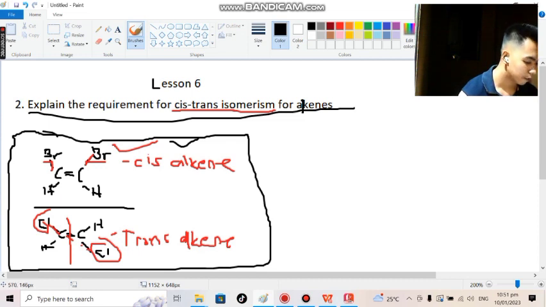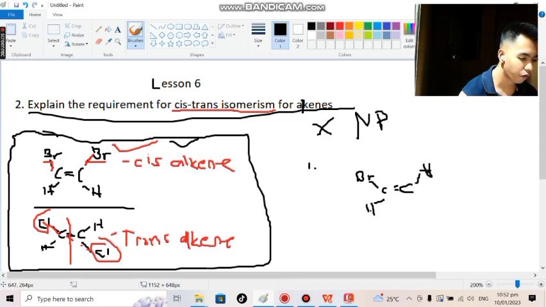Now, NP means not possible. For example, we have our Br here bonded to our carbon, and as you can see here, we have only bromine on our first carbon, and the second carbon does not have a bromine or a similar substituent.